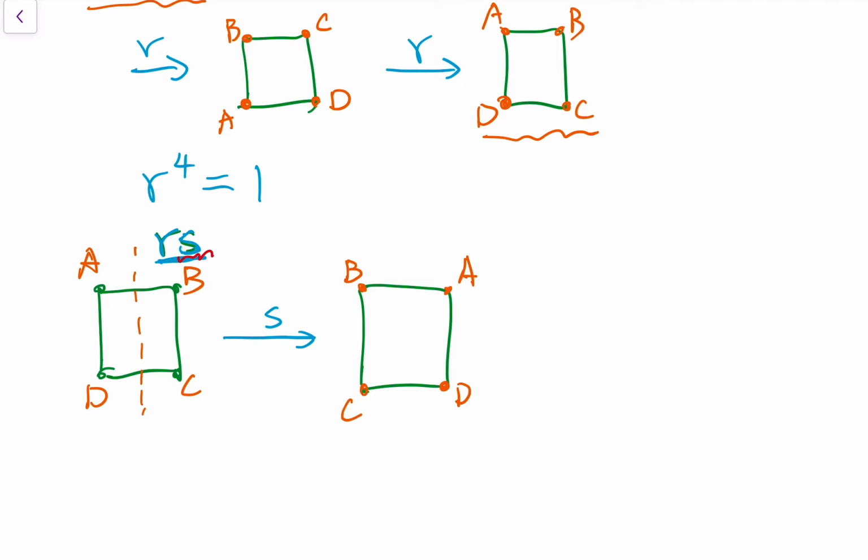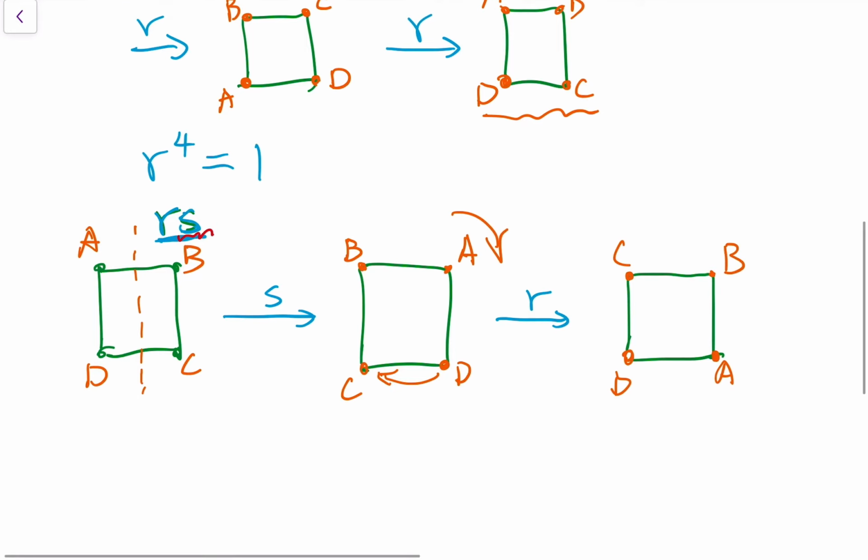Then we apply the rotation R. We rotate in the clockwise direction, so A becomes here, and D goes to here, so D is here, C goes to here, and B is here. So this is what we get after we apply RS.